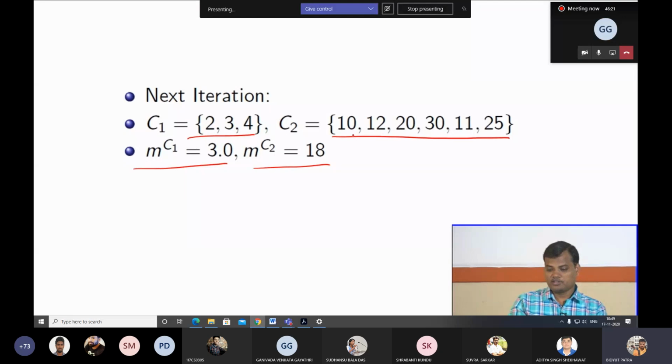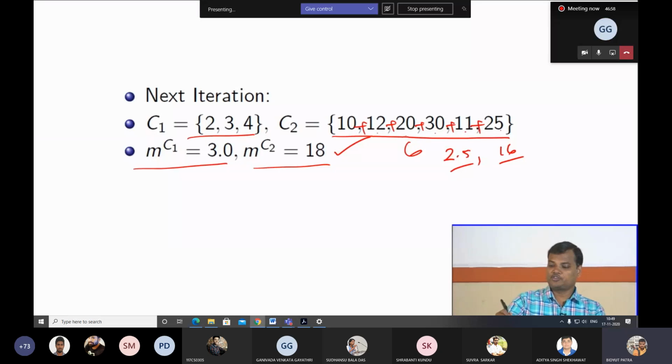For the other, you add 10 plus 12 is 22, plus 20 is 42, plus 30 is 72, plus 11, plus 25, divided by 6. So you get 18. Earlier the centroids were 2.5 and 16, so now the centroid is different. So you have to go again.